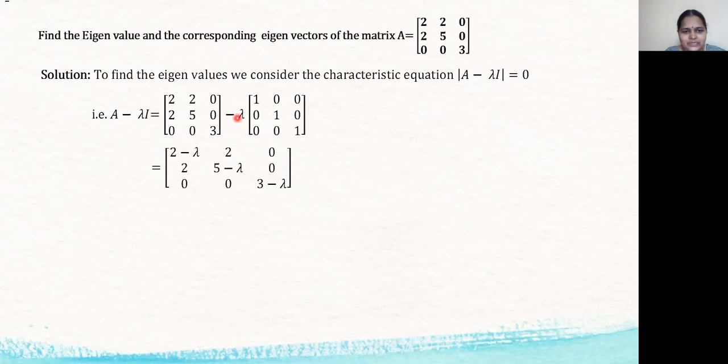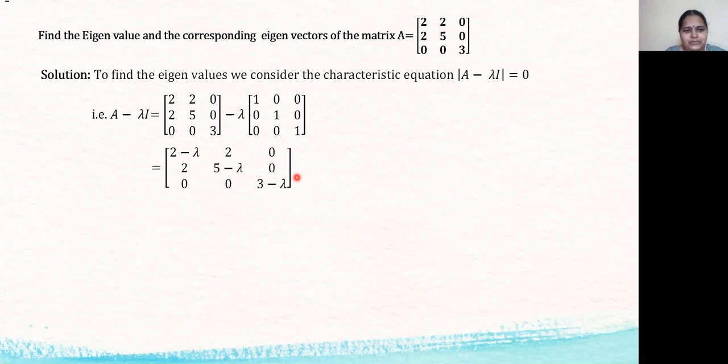If we subtract these two matrices, we get 2 minus lambda, 2 minus 0, 0 minus 0; 2, 5 minus lambda, 0 minus 0; 0, 0 minus 0, 3 minus lambda. So A minus lambda I matrix is this one.